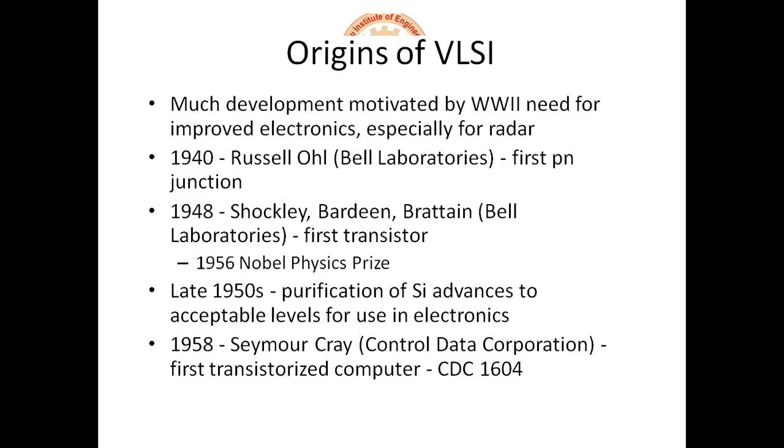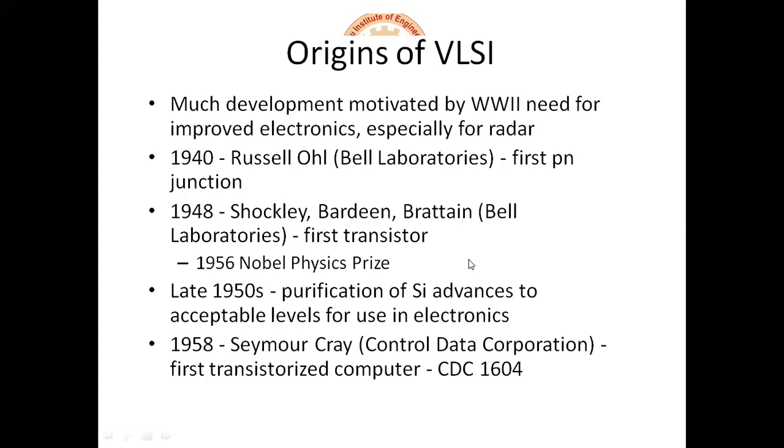So in 1940, a Bell Laboratory scientist by name Russell Ohl developed the first PN junction. All of you know a PN junction represents a diode. Later on, in 1948, three scientists by name Shockley, Bardeen, and Brattain developed the transistor.